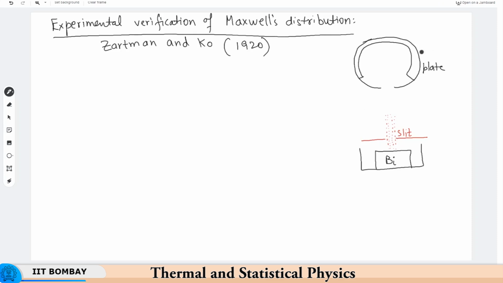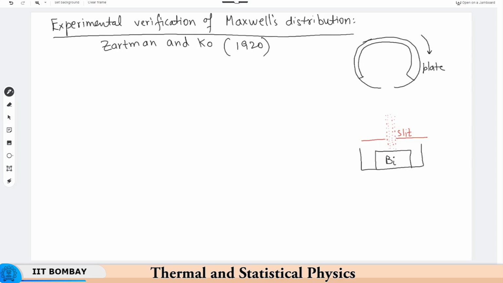And what they do is they rotate this cylinder, either clockwise or anti-clockwise, it does not matter, and they open the slit for some time and they close it. And therefore, these bismuth molecules are moving up with certain speeds. And like we now know, there is a distribution of these molecules.